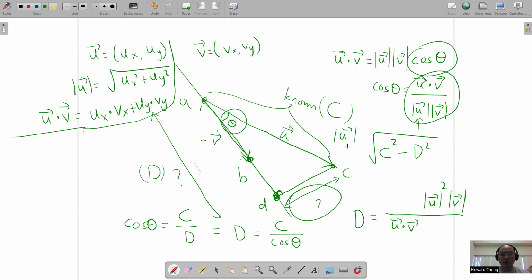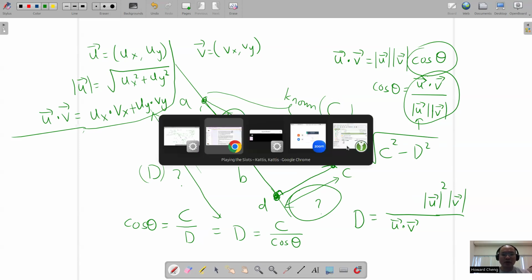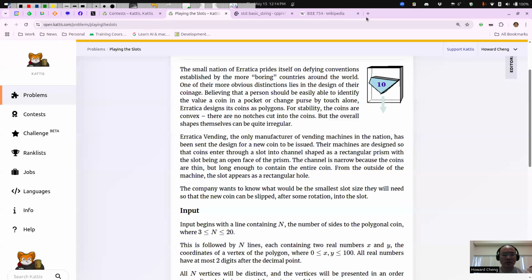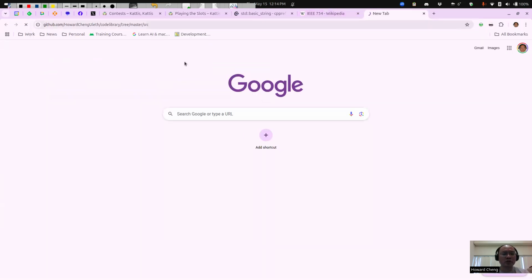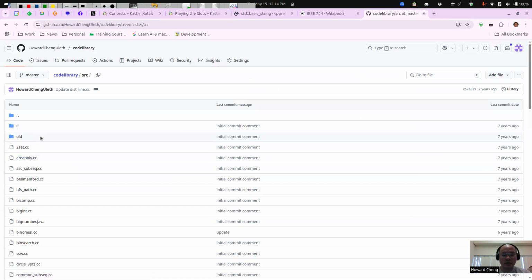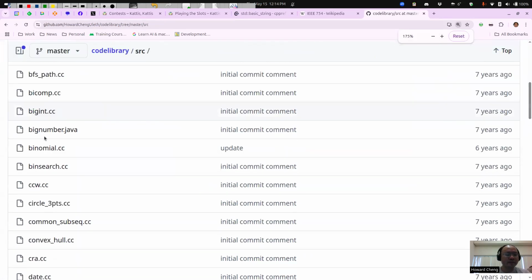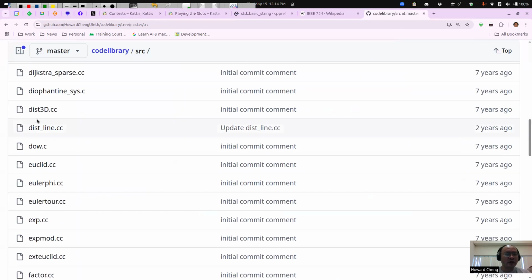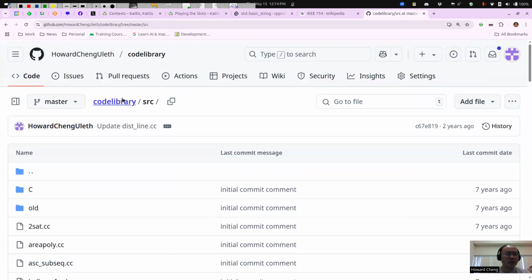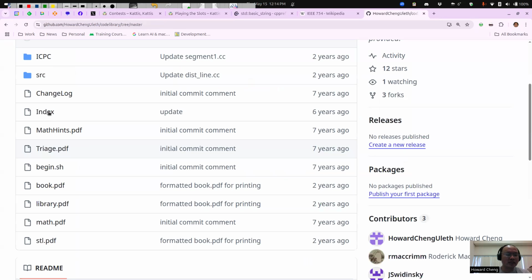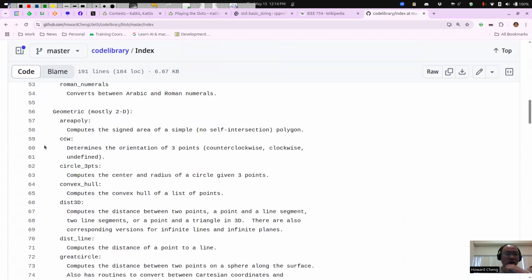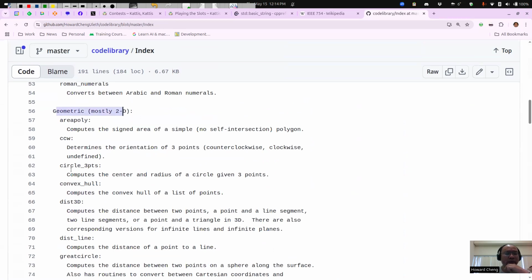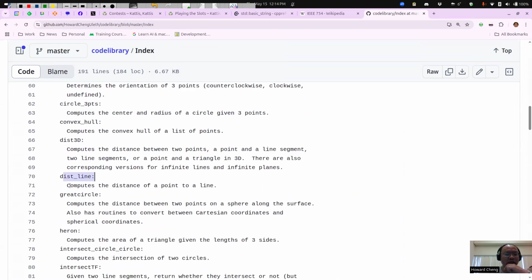Okay, so you can work through all that math and implement this, or you can go to my code library, and among many, many functions, or actually maybe we go to the one level above, there's an index that tells you what are some of the things that you can do. And we're looking for geometry. And one of them is called distance line.